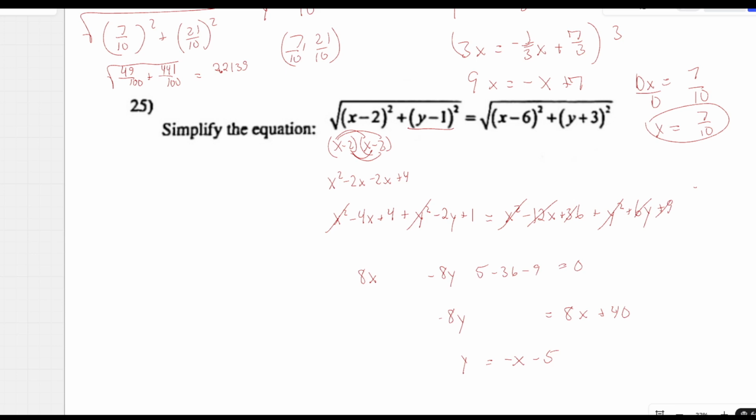All the squareds cancel, leaving just these x, y. I moved everything to one side, but I guess I probably want to just solve for y. Maybe it's not necessary. Let's just simplify the equation, so I guess we don't get a number answer, but that's the answer I got.